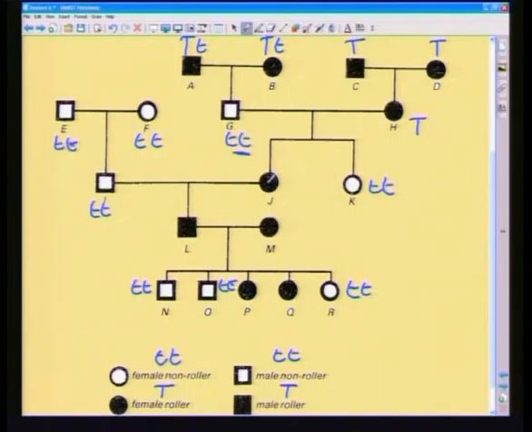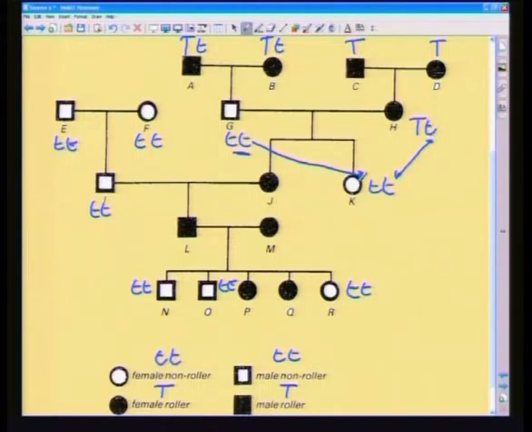One that can roll their tongue and one that doesn't. So what does that tell you? H must have a little t, because we take those two little t's, and the two little t's will then end up producing that little baby there.